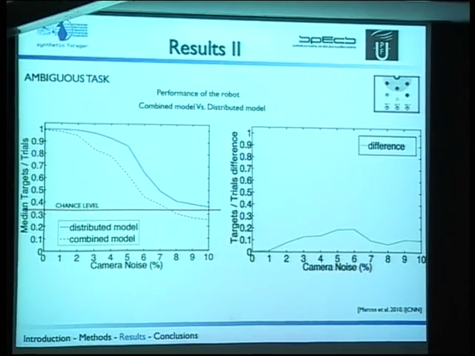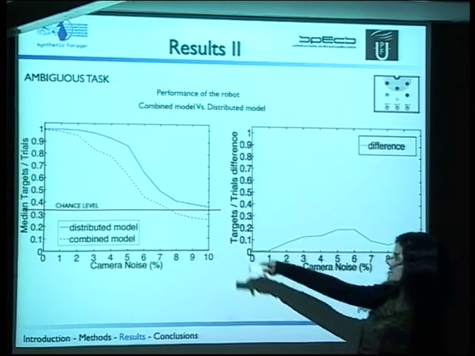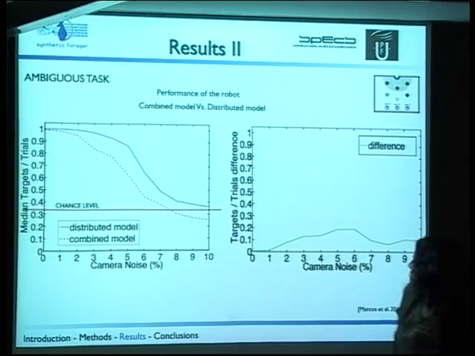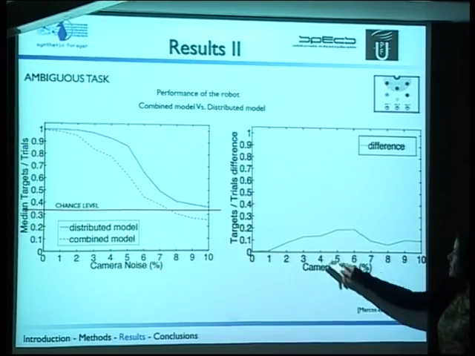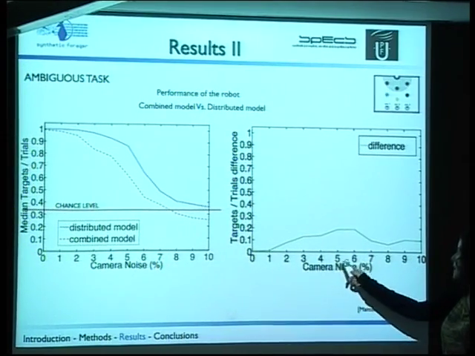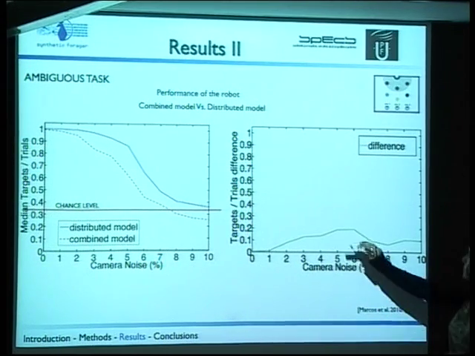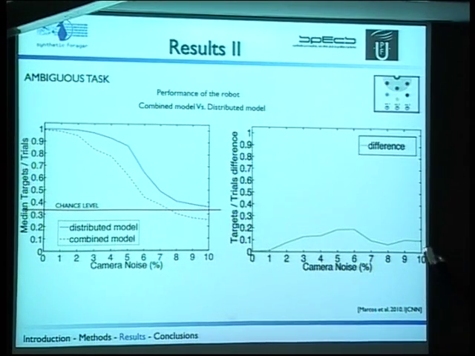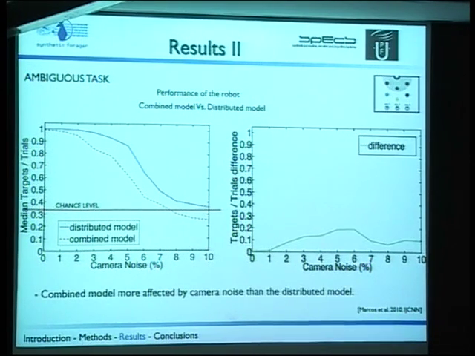If we look at the difference between these two distributions, we see that the difference is higher when the camera noise is between 5 and 6%, and goes to more or less the same level when the noise in the camera is too high, because in both cases it is very probable that the robot loses the sequentiality. So from here we can conclude that the combined model was more affected by the noise in the camera than the distributed model.